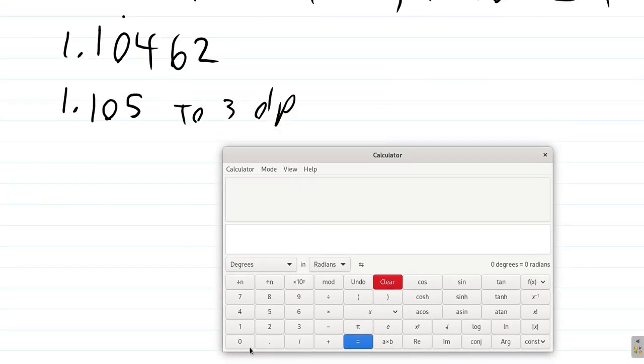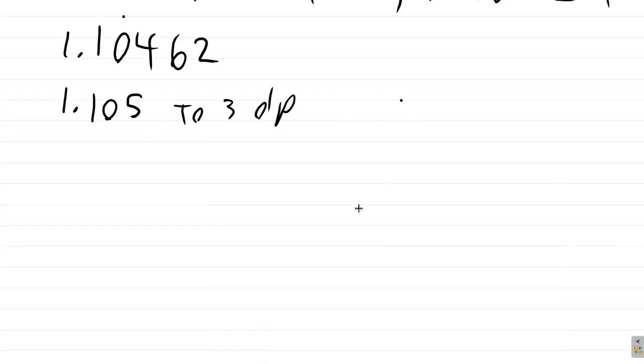Working it out on the calculator is to do 1.01 raised to the power of 10 equal. So you see you have 1.04622127, to 9 decimal places, that would be it. So we have it to 3 decimal places here. Alright, so that's that.